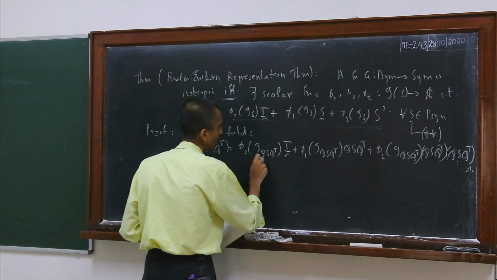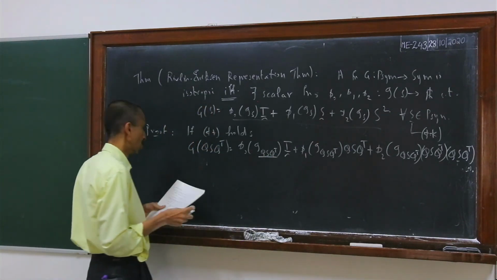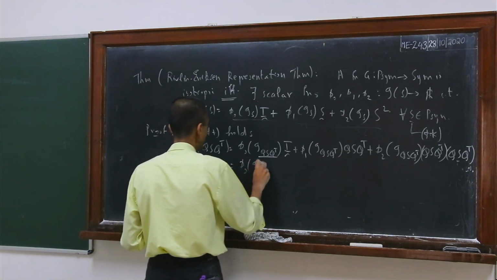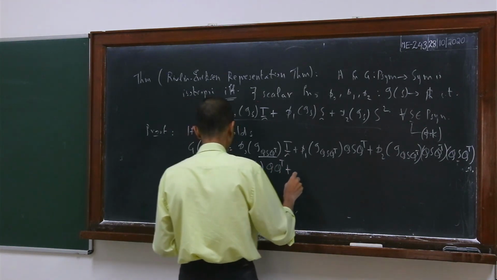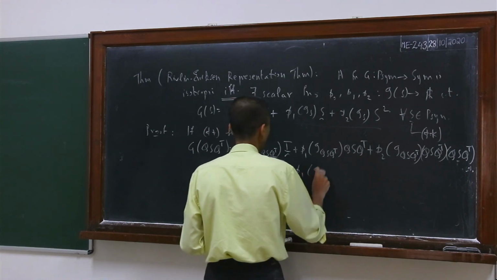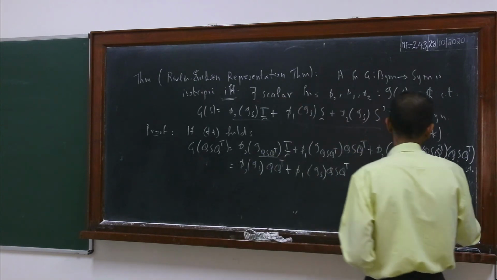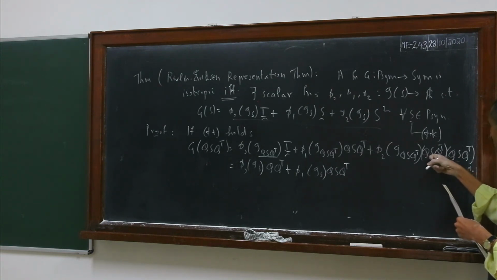Now we have seen that the principal invariants of q S q transpose and S are the same. So I can write this as phi naught of I of S times I, plus phi1 of I of S times q S q transpose. Now q S q transpose multiplying q S q transpose, this q transpose q will give identity, so the whole product goes to q times S squared times q transpose.